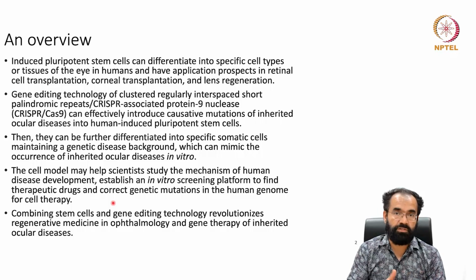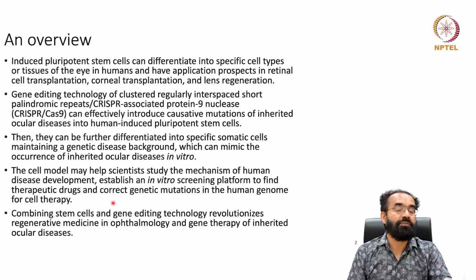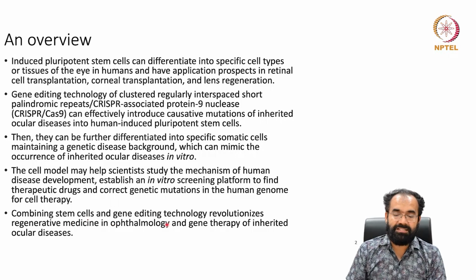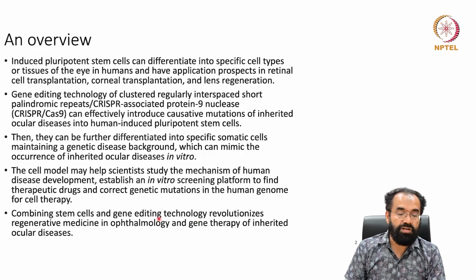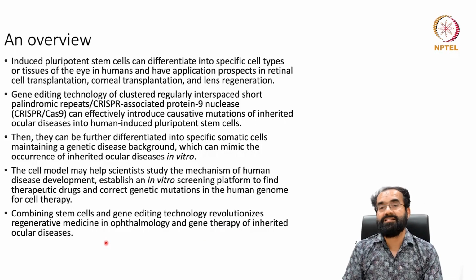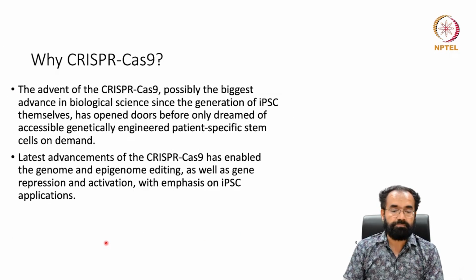Another approach is, oh, there is a given mutation in a patient, and can I fix it and get a normally performing cell out of this mutated cell by CRISPR-Cas9 technology. Combining stem cells and gene editing technology revolutionizes regenerative medicine in ophthalmology, and gene therapy of inherited ocular diseases is also made possible.